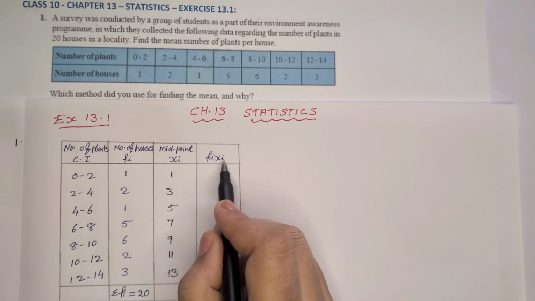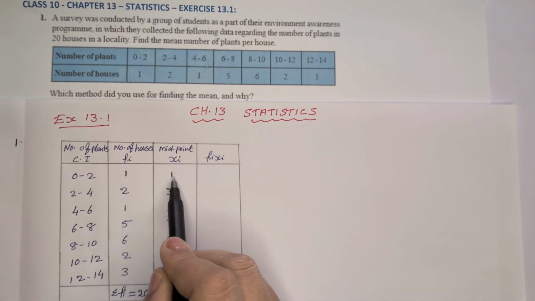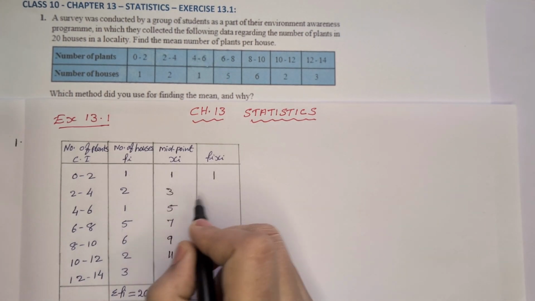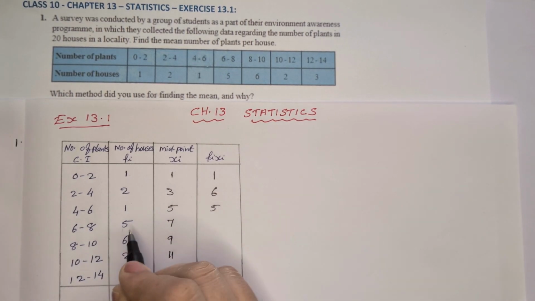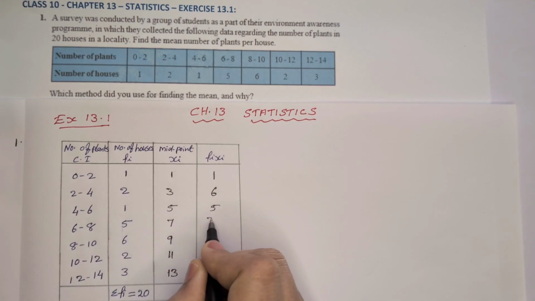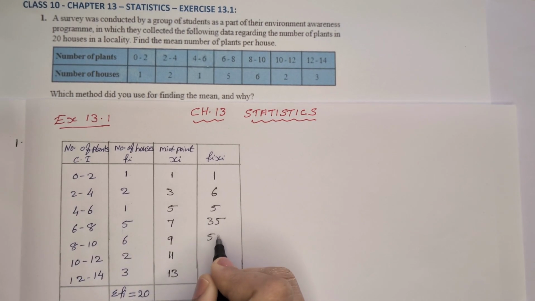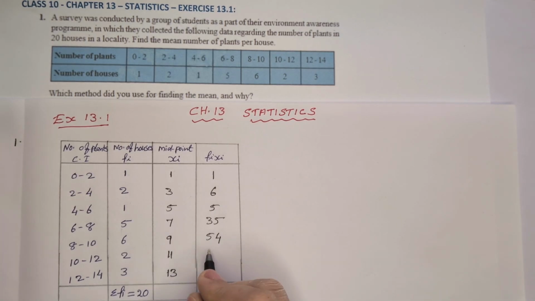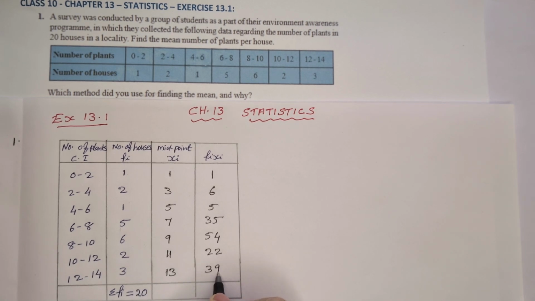Next is fi xi. The second column is fi, third is xi. So multiply that. 1 into 1, 1; 2 into 3, 6; 1 into 5, 5; 5 into 7; 6 into 9; 2 into 11; 3 into 13, 39.